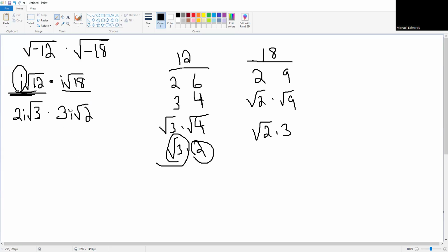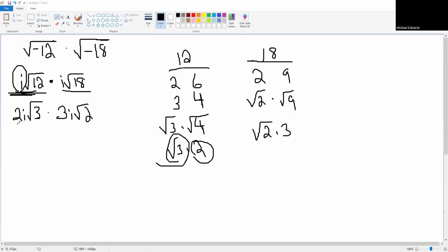We're going to finish this. So 2 times 3 is 6. i times i is i squared. And square root of 3 times the square root of 2 is the square root of 6, because 2 times 3 is, as you know, 6.